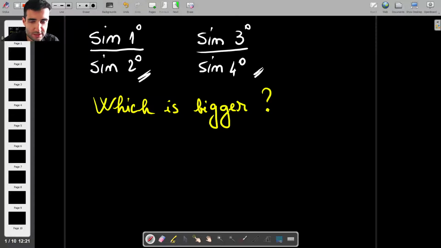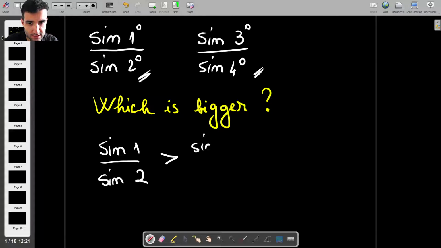So without losing any sort of generality, I'm going to check whether sine of 1 degree over sine of 2 degrees is greater than sine of 3 degrees over sine of 4 degrees. So this is not actually a true inequality because we don't know if it's true yet, but we're going to check whether it's true or not.